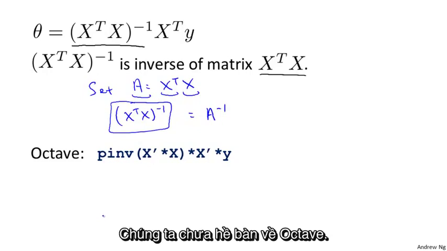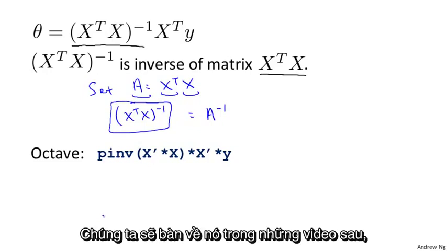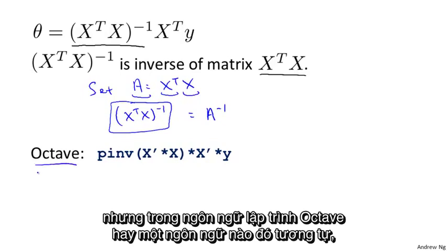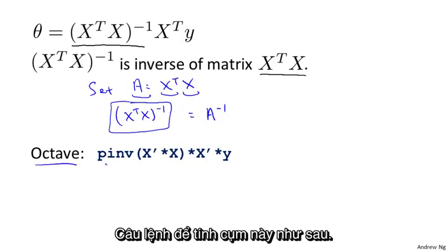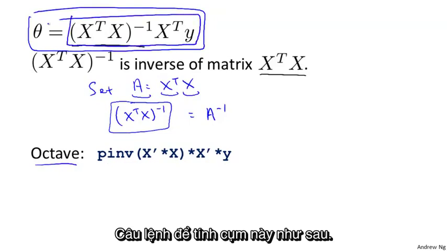We haven't yet talked about Octave. We'll do so in a later set of videos, but the Octave programming language, and similarly MATLAB, is very similar. The command to compute this quantity, X transpose X inverse times X transpose y, is as follows.